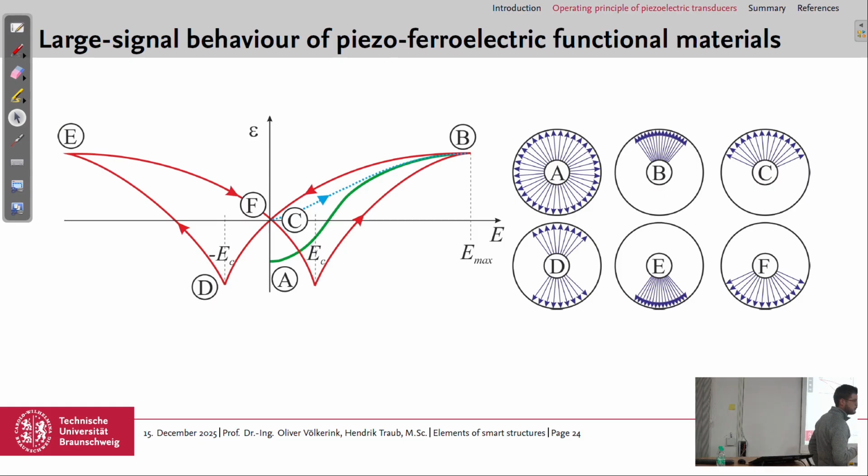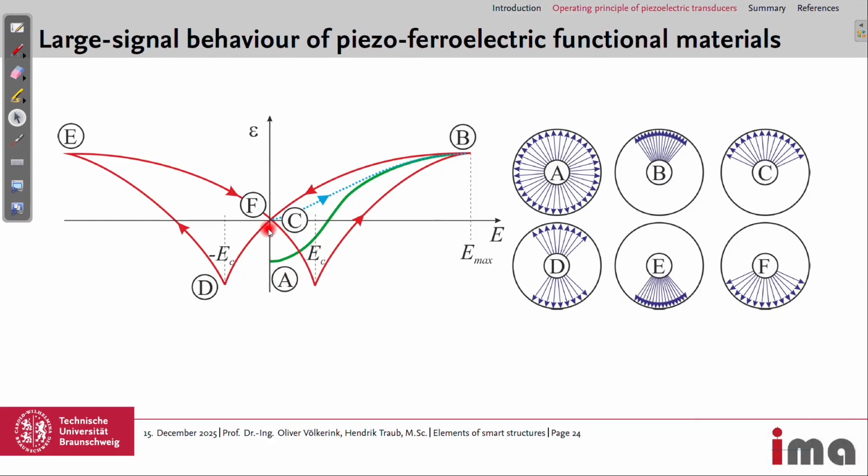Just a silly question. Elongation is positive. Is there any way we can control the elongation direction also, like fixing one end? I mean, the elongation direction depends on the direction of the electrodes, right? You have the field direction in between the electrodes, and we will come to that tomorrow.